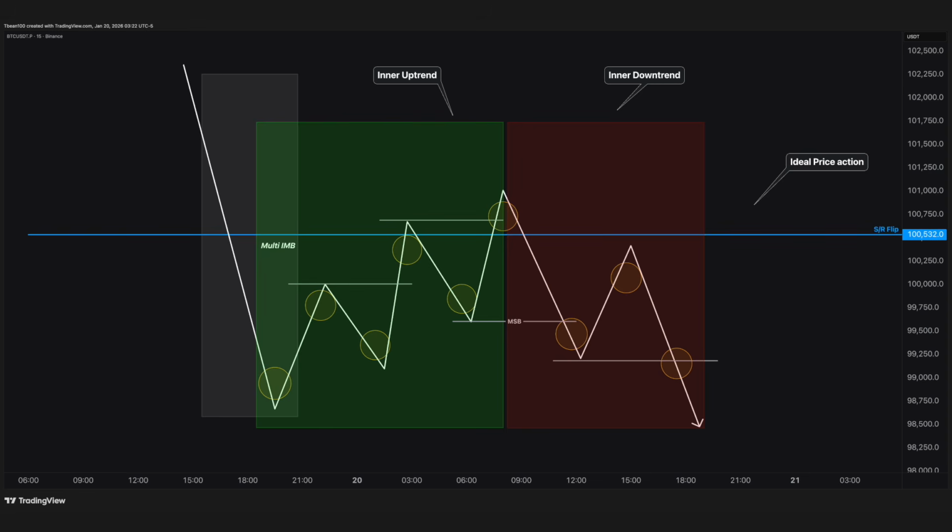Following the general price action, and after that, price crashes toward ideal targets like the previous day's low or the week's low. So what you see here is the ideal and the most optimal price action that we want to see. But unfortunately, this does not happen every single day.